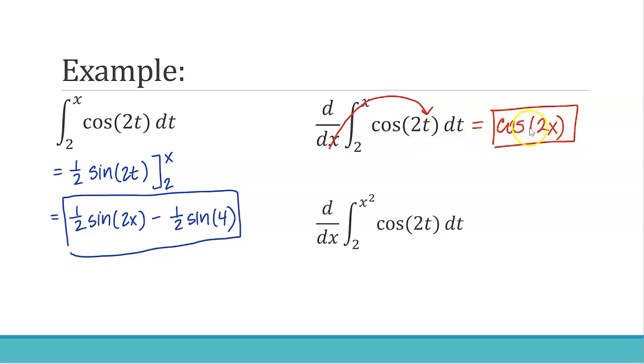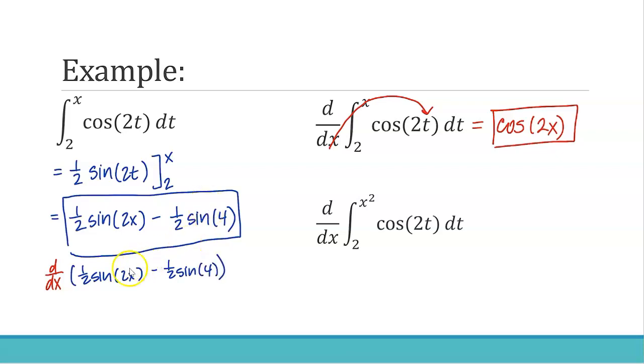Now, just to show how it does relate to the previous example for a second, on that example, it was missing the d dx, the instructions to take the derivative. But what if we put this d dx in front of our answer here? So if I have d dx of 1/2 sine of 2x minus 1/2 sine of 4.